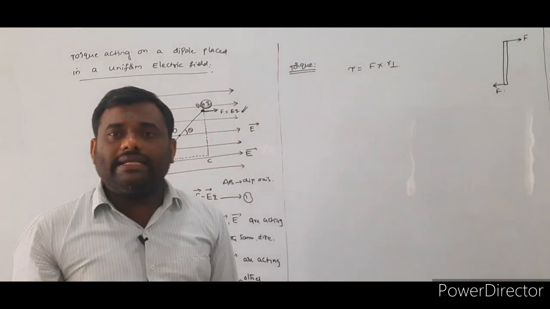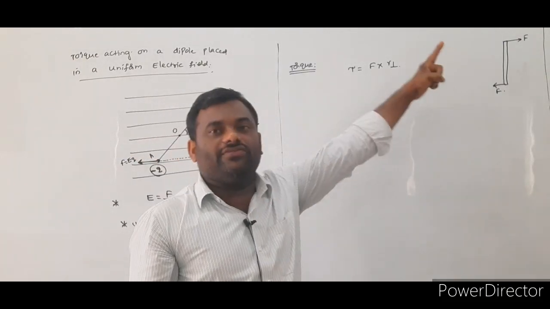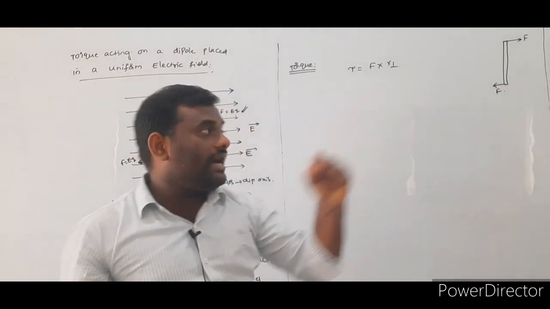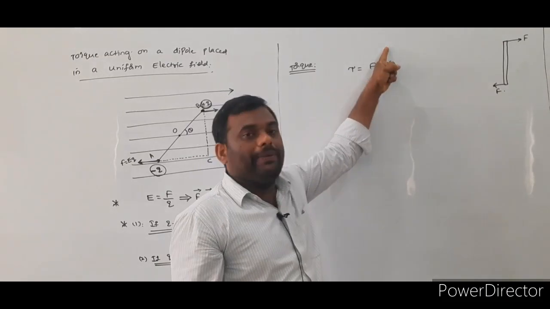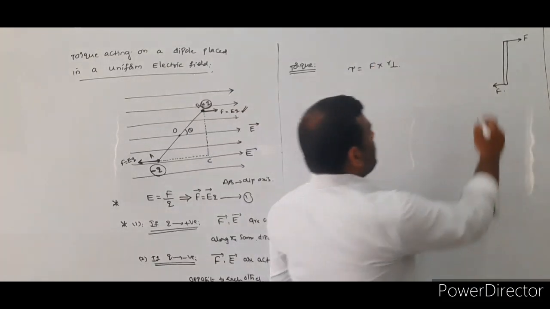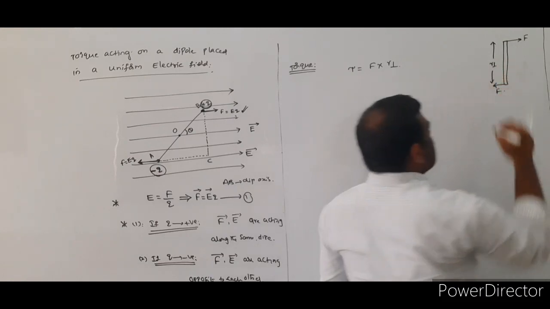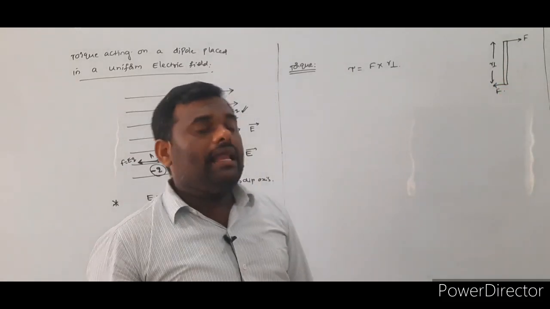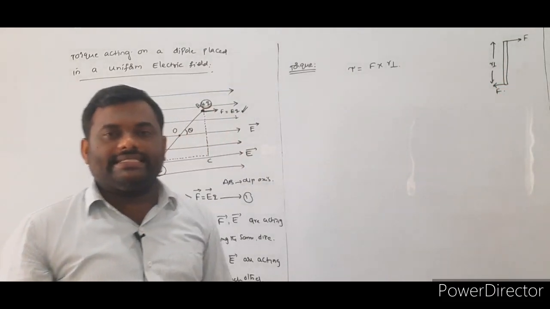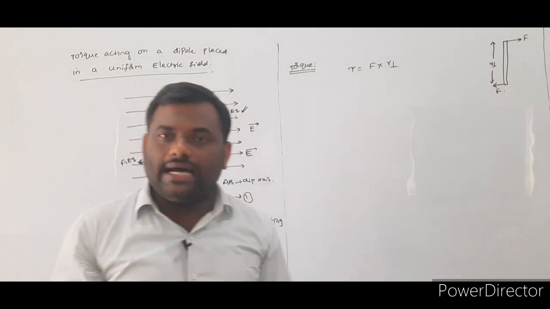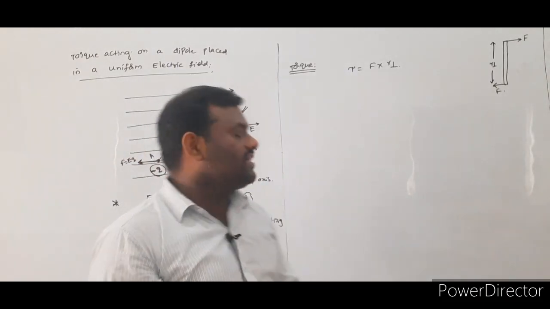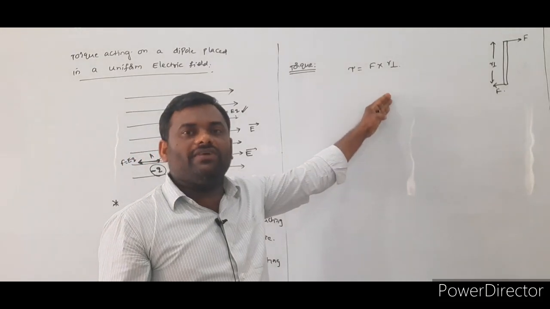Torque tau is equal to what? The magnitude of either of the forces and r perpendicular. What is r perpendicular? Perpendicular distance of separation between the lines of action of the forces. So that is the basic formula for the torque.